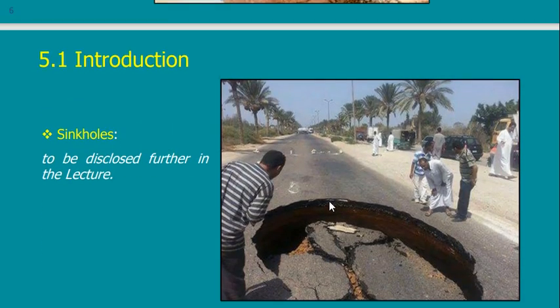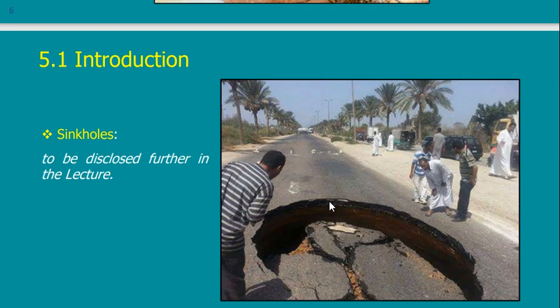There is another type that was added to this lecture. It's called sinkholes. Sinkholes really are not a soil. A sinkhole is a hole in rock, but it is problematic. We can say that it is a problematic rock.